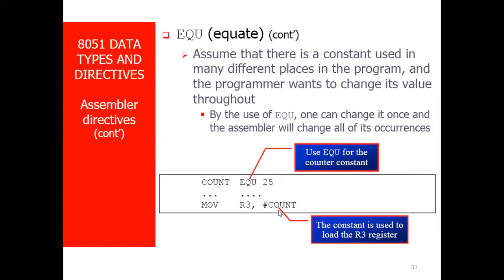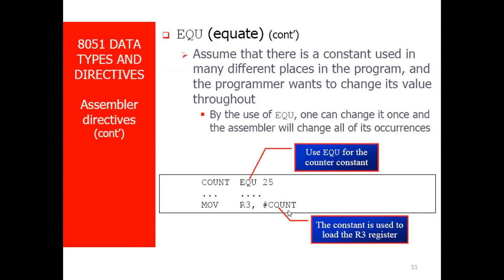Wherever the word count is written in the program, it will automatically be replaced by the count value 25. So in this case we should not change the value of the count individually one by one. Automatically it will be 25 wherever #COUNT is seen.